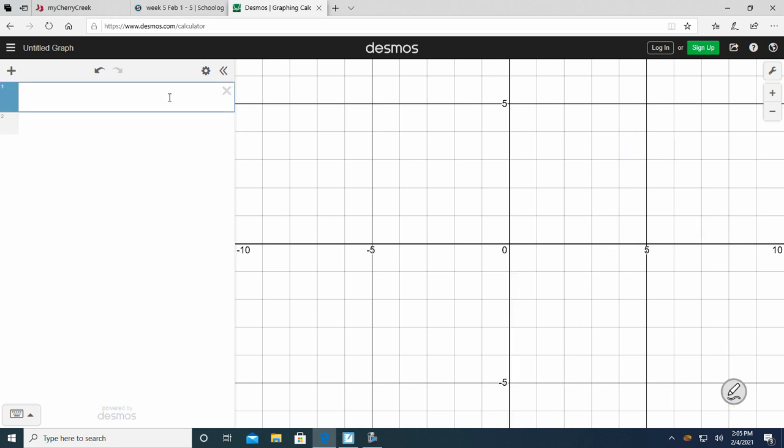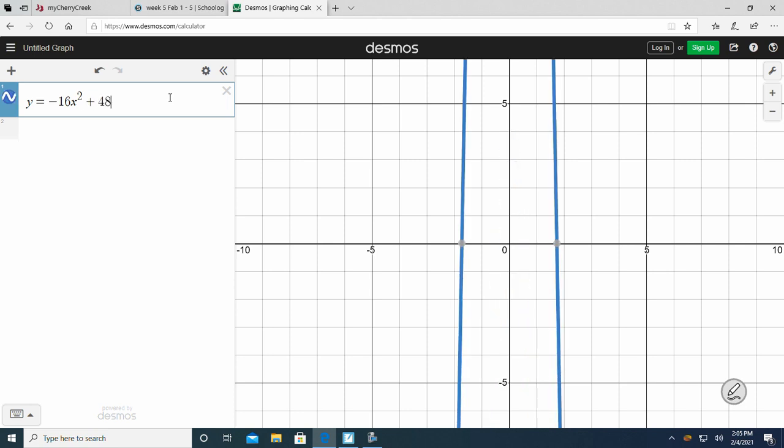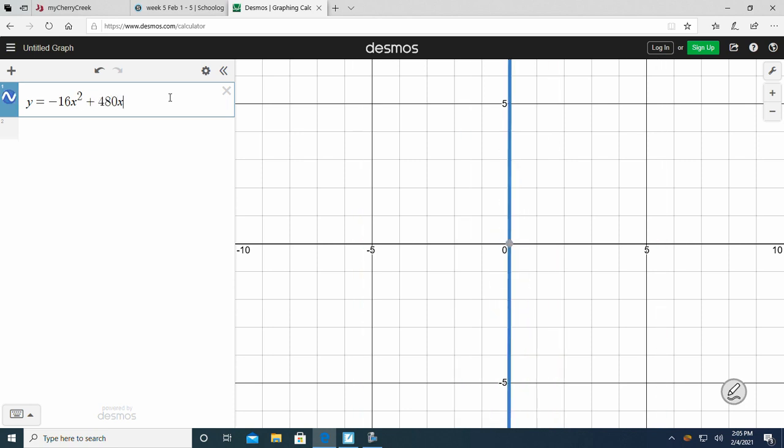All right, so I got y equals negative 16x squared plus 480x plus 22.